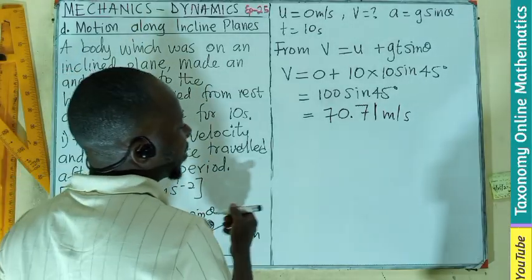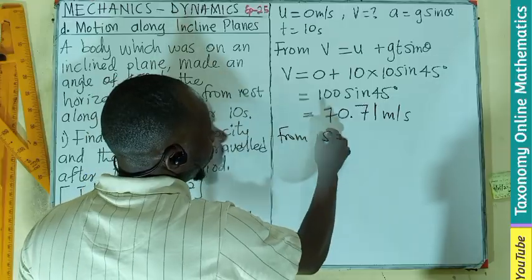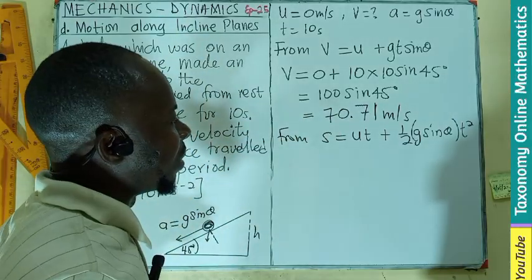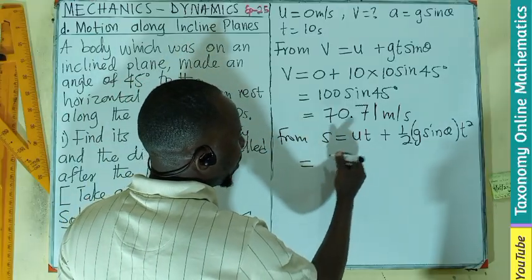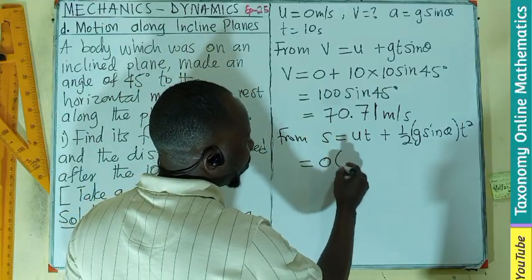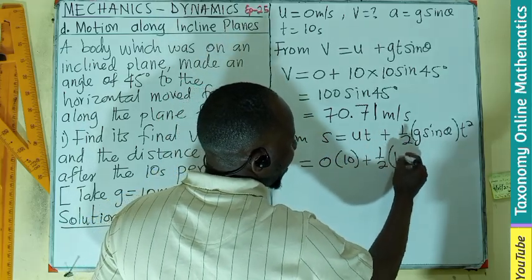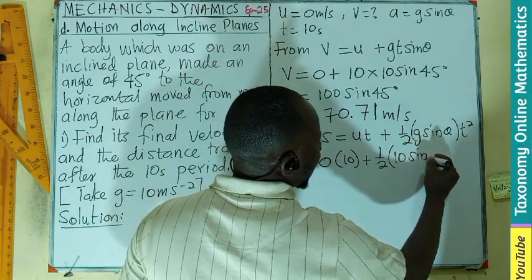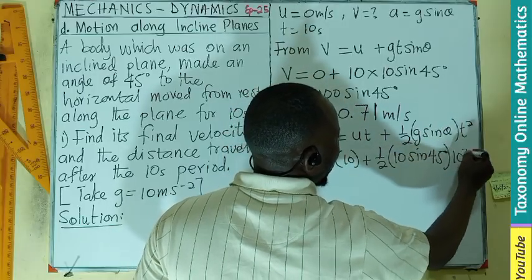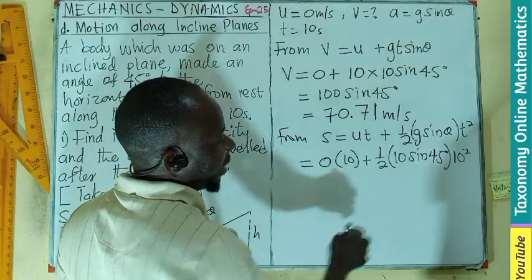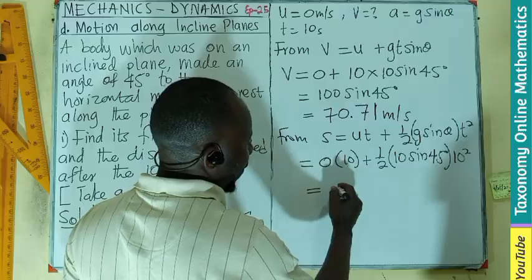We are looking for the distance. We still have the same information all along, so we just do substitution. The initial velocity will still be 0, the time will be 10. Then half multiplying 10 sine 45 degrees multiplied by 10 squared. These are all multiplied, so I can have 0 here.